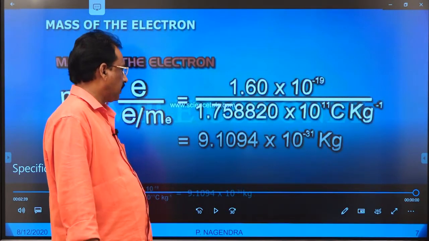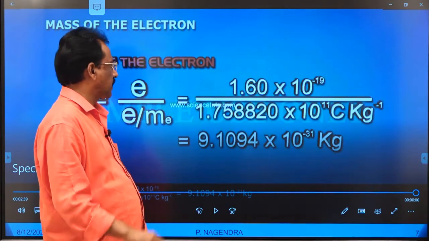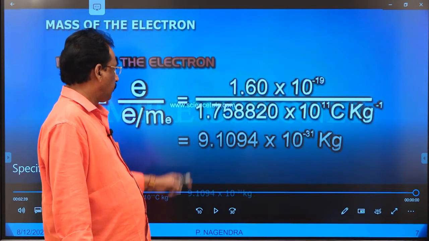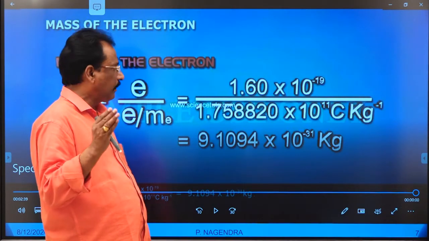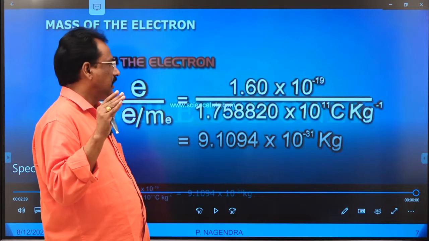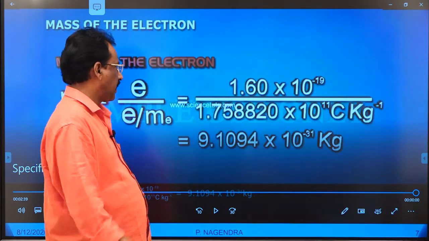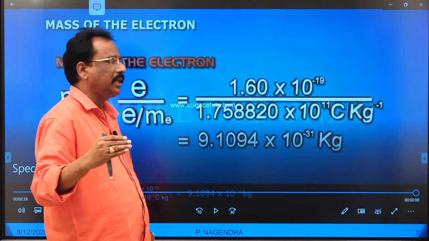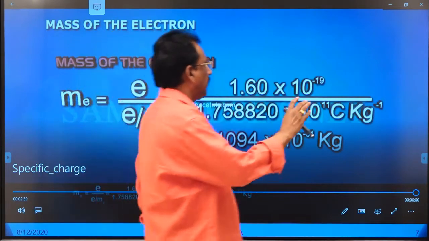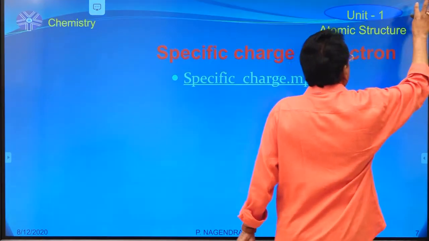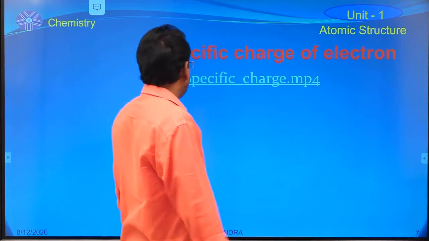So that means the electron has very negligible mass, and that mass is equal to 1 in 1837 the mass of the hydrogen atom. So from e by m and e, it is possible to calculate the mass of the electron according to J.J. Thomson.